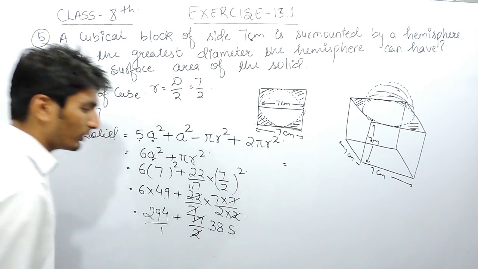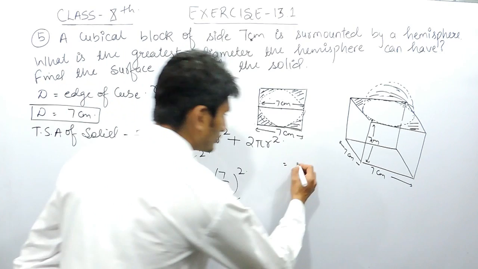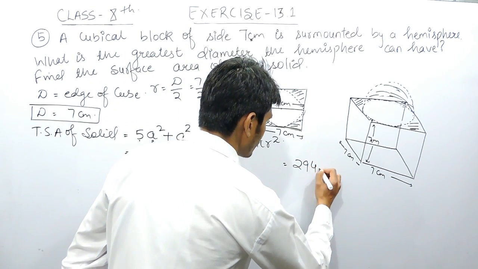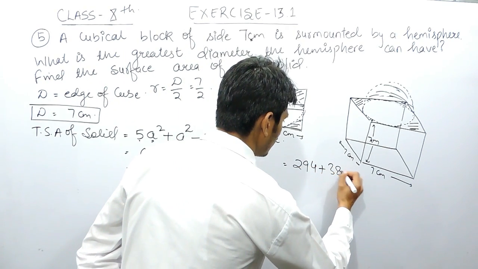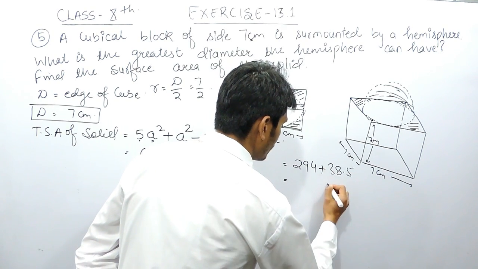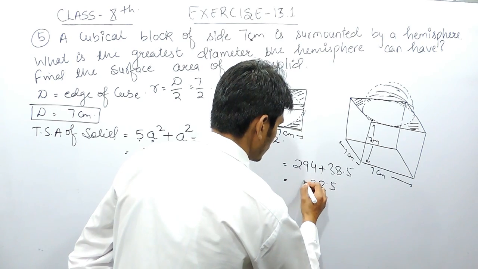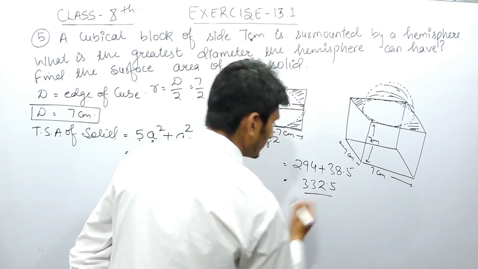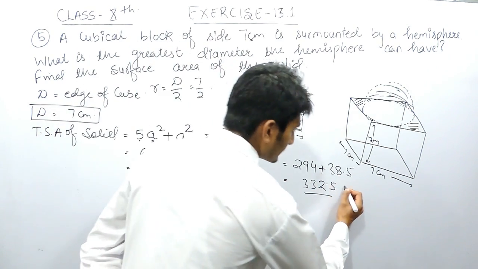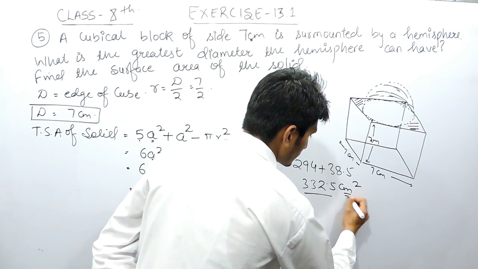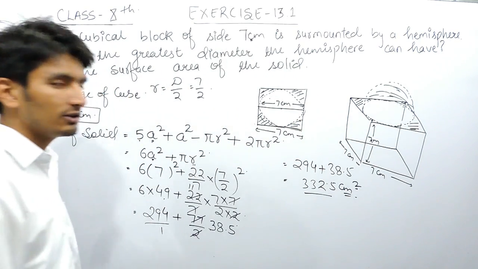This will be 38.5. Now I can add these two numbers, which is 294 plus 38.5. So this will be 332.5 centimeter square, because this is an area, so the SI unit will be in square.